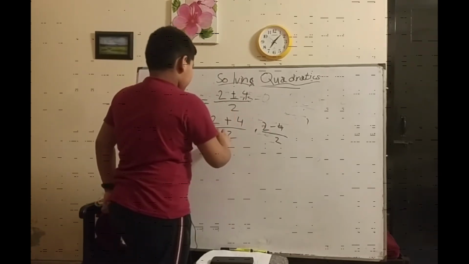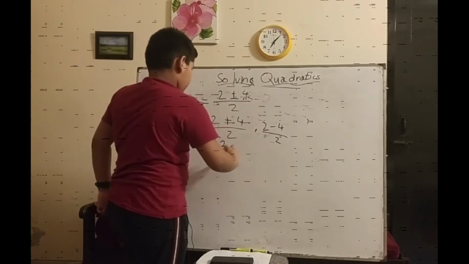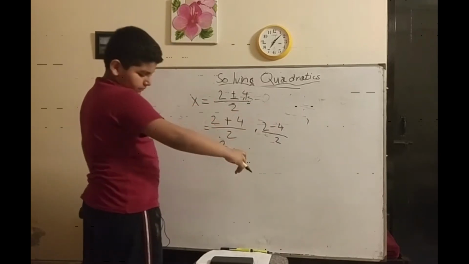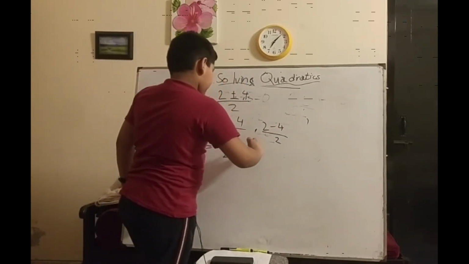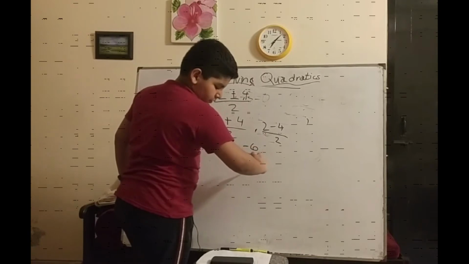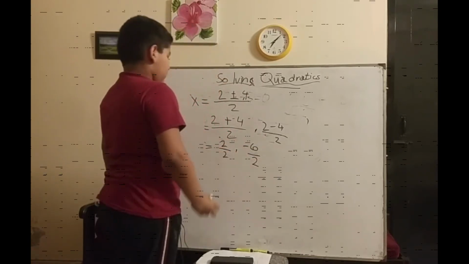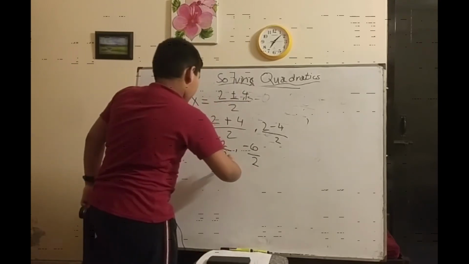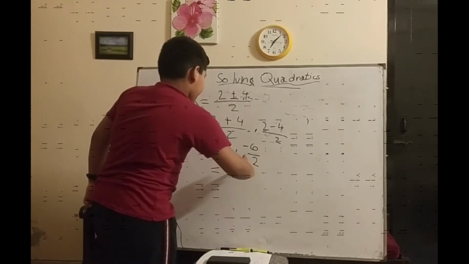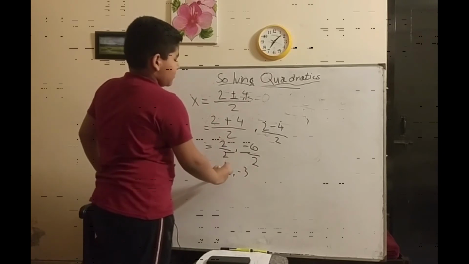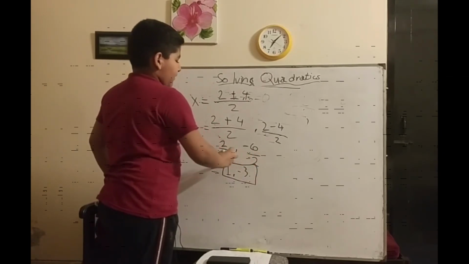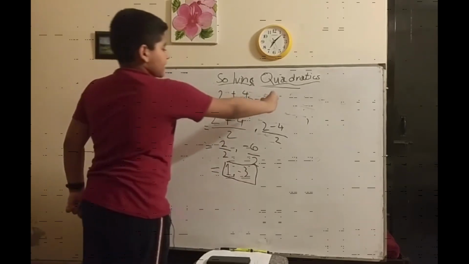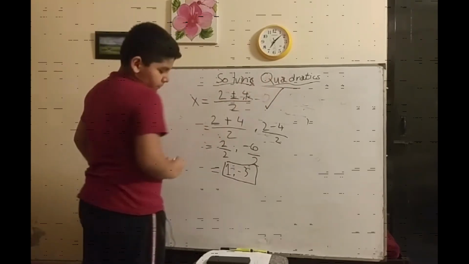Now one of these gives 2 over 2, comma, one of these will give negative 6 over 2, which means that it would be 1, comma, negative 3, which was the factoring we did. So this checks that the quadratic formula works.